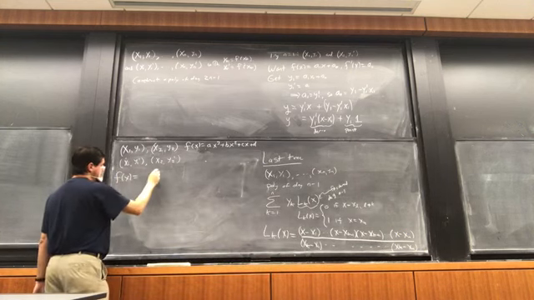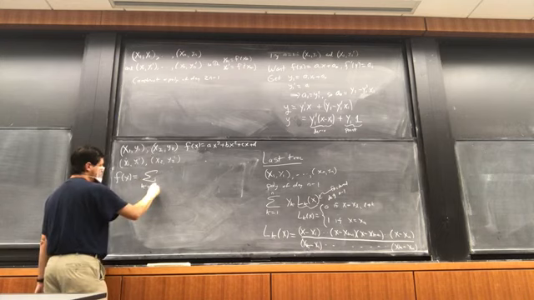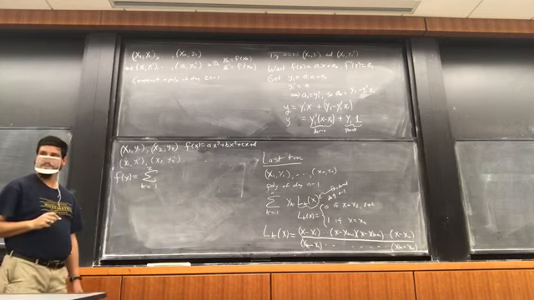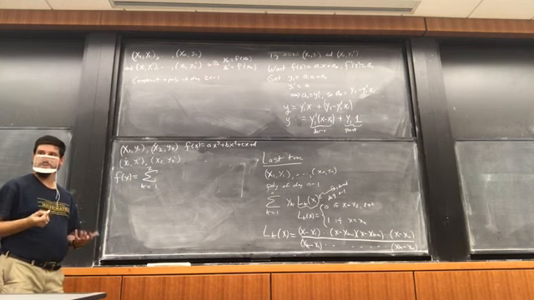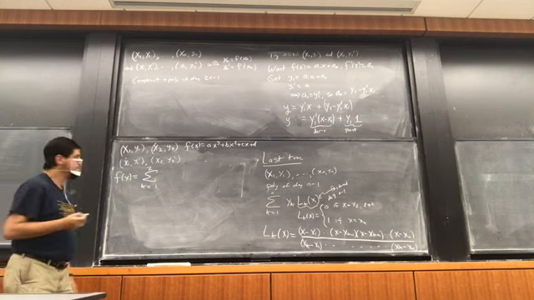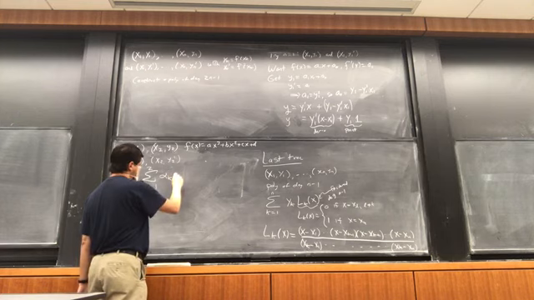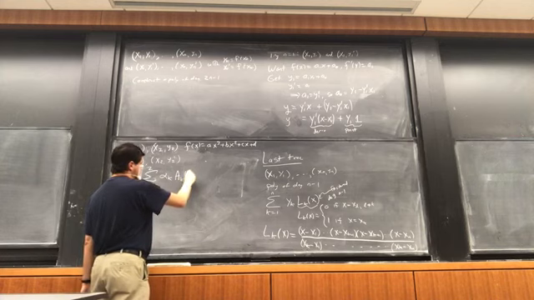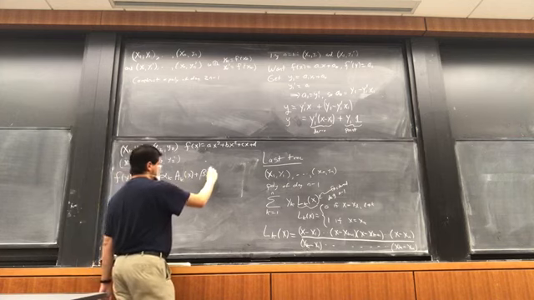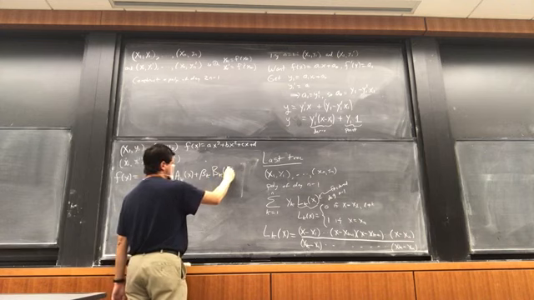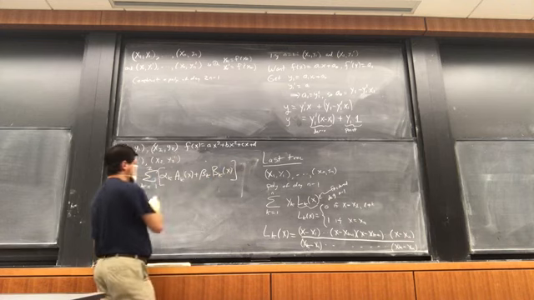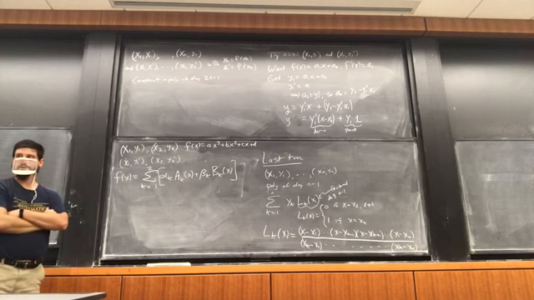f of x is the sum k equals 1 to 2. And now we're going to have to put in some information. So maybe we'll write it as alpha k a k of x plus beta k b k of x. And this is trying to generalize what we have for the line.